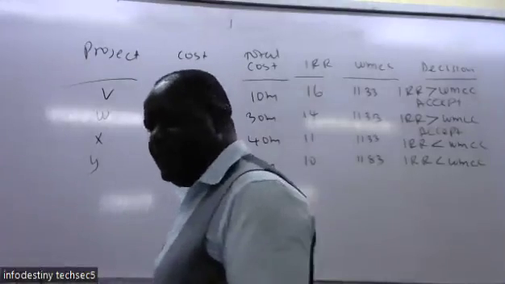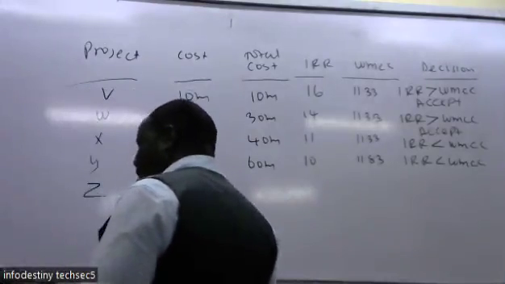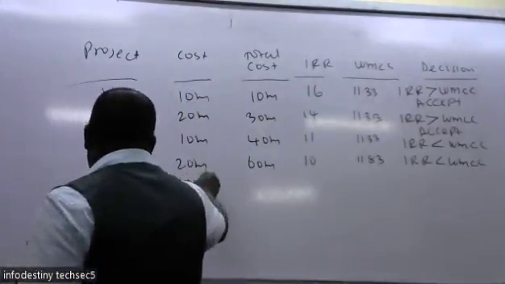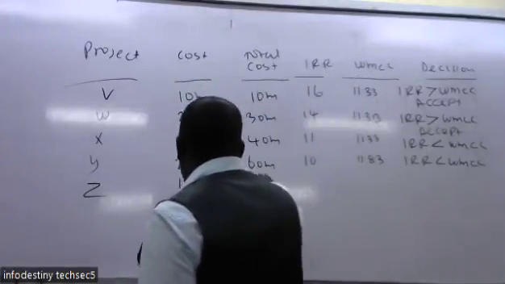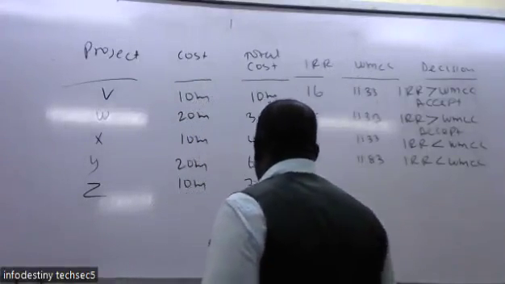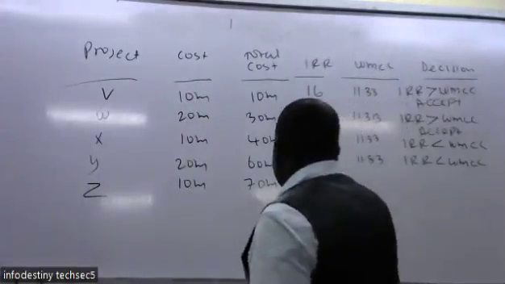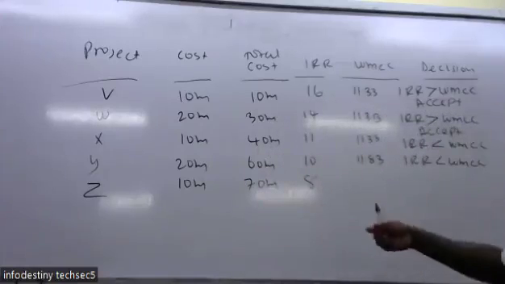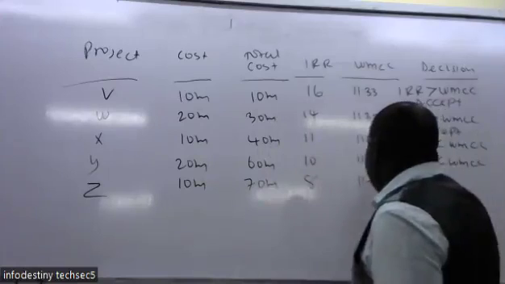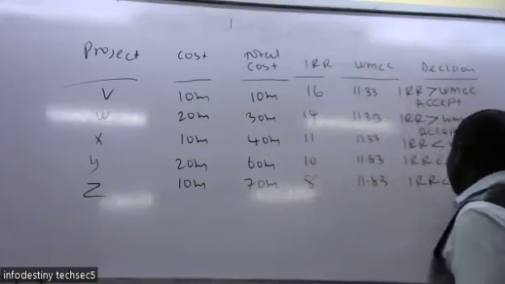Finally, the last one is Z. So Z had an initial cost, then cumulative should be 70 million, so that IRR is given as 8. So 70 million is still above 40 to 70. It is 11.8. So even this one, IRR is less than the WMCC.